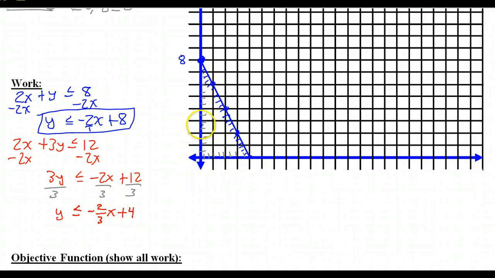So 1, 2, 3, 4 for my y-intercept, and then down 2 over 3, down 2 over 3.